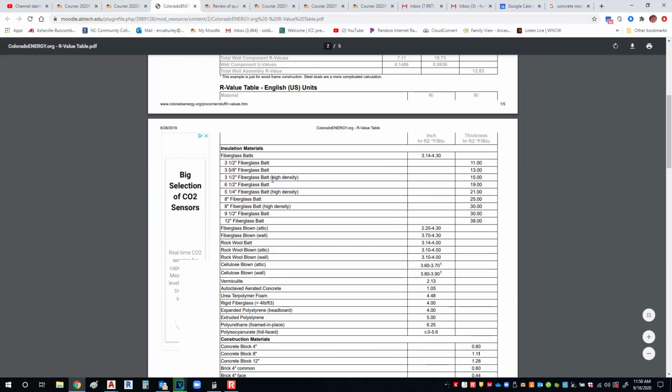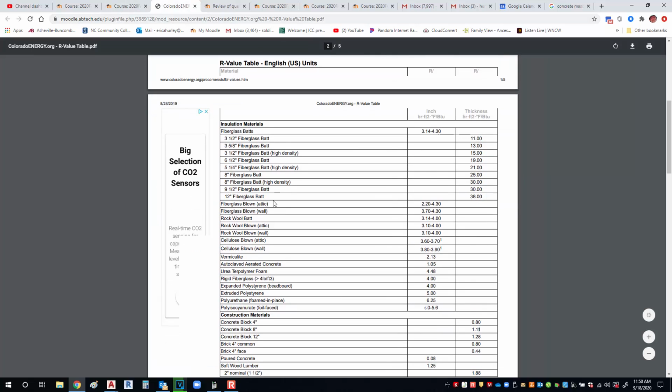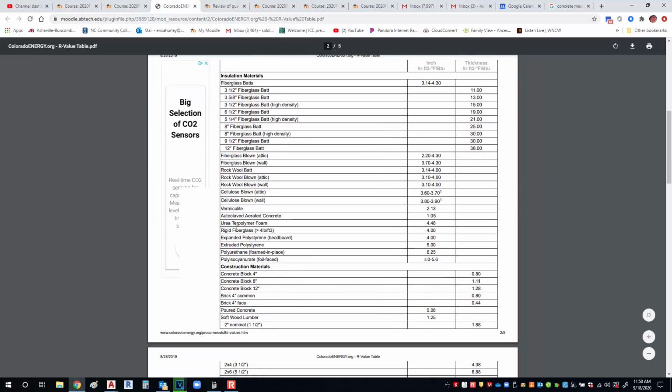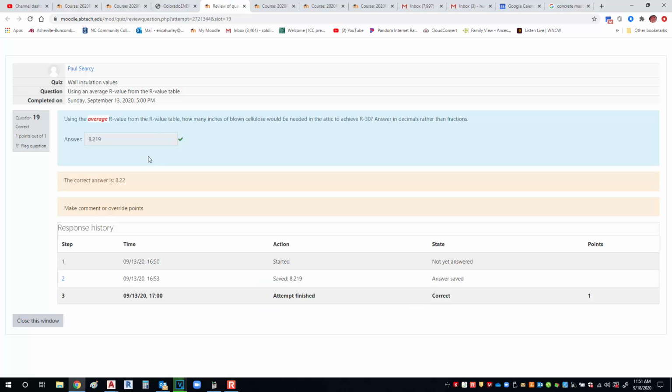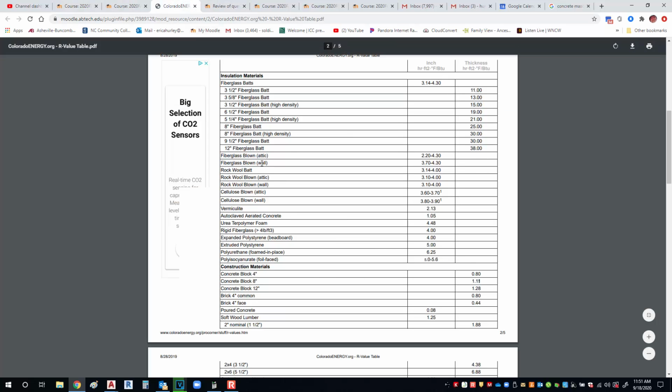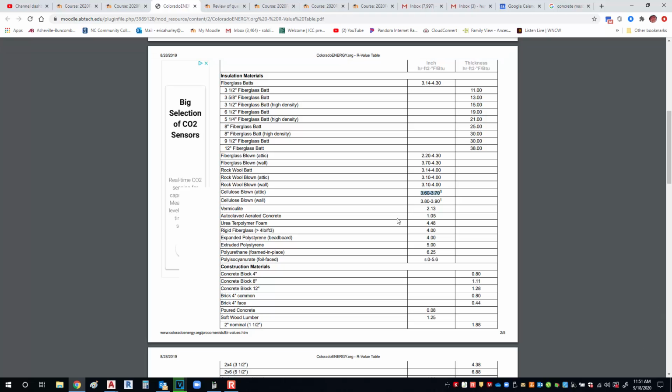So we're going to go up here to our insulation materials and look up blown cellulose in the attic. Blown cellulose in the attic is 3.6 to 3.7. So obviously the average would be 3.65.